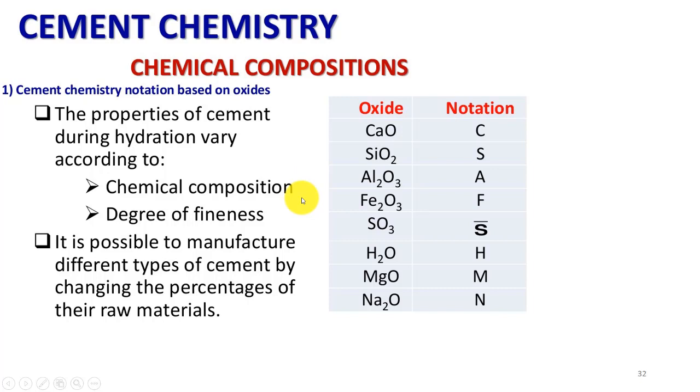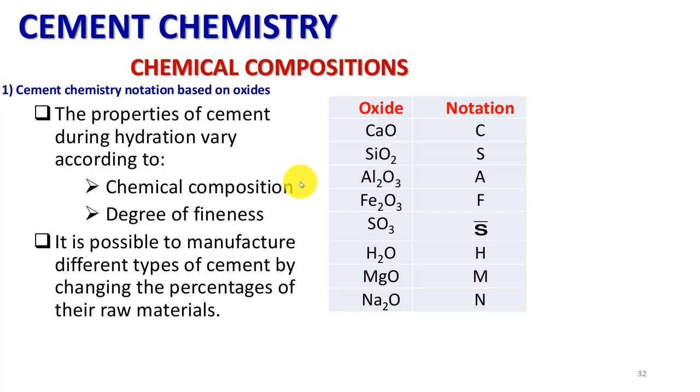Chemical composition, we can manipulate so that your concentration of main constituents can be stimulated, and the formation of cement can be classified based on your use. Either it's low heat cement, rapid hardening cement, sulfate resistant cement, or ordinary Portland cement. It depends upon the chemical composition.